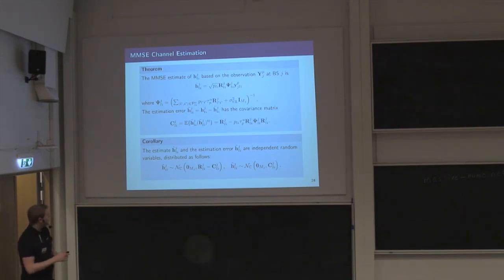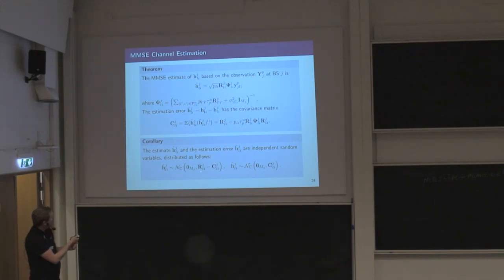estimation errors. Since Y is a Gaussian thing, multiplied with a matrix, the estimate of my channel is still a complex Gaussian random variable with zero mean, and it has a covariance matrix that is the original one minus this estimation error covariance matrix.